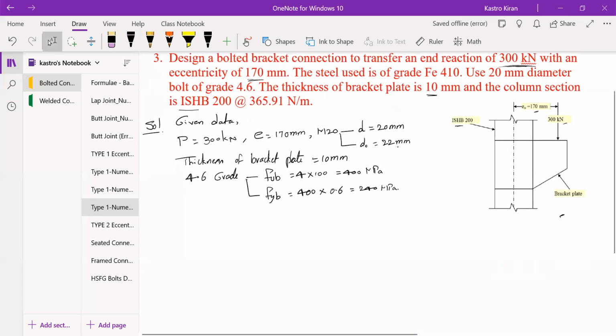They have also given the section, which is ISHP 200. For this section, we have to write down the properties of the section from the steel tables.